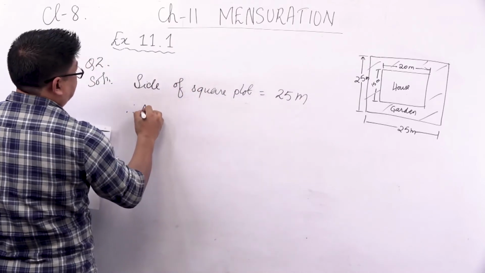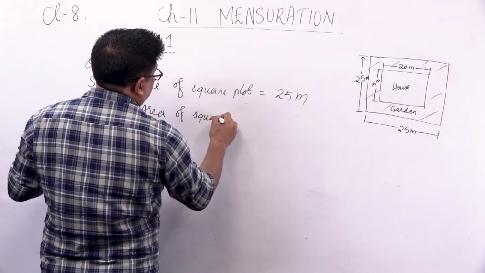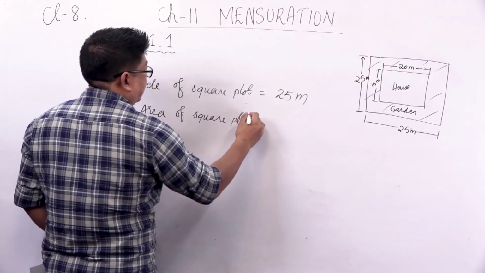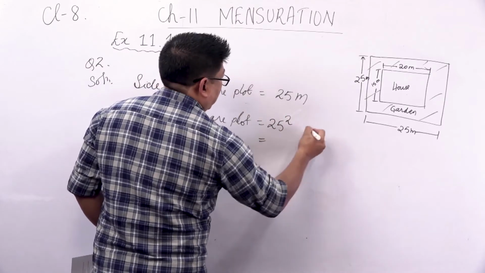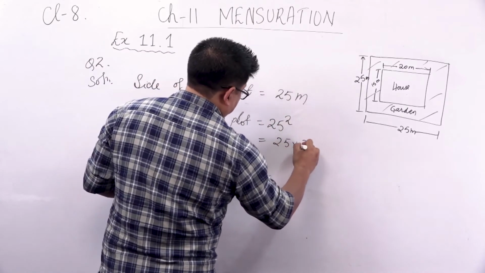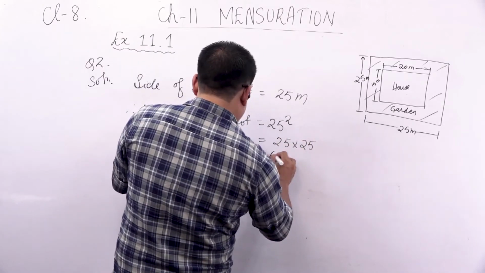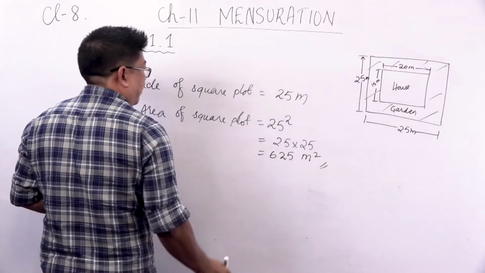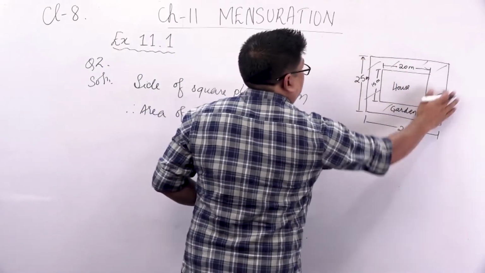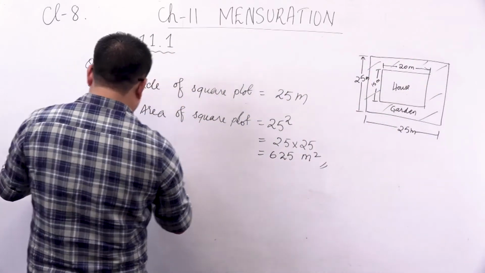So, therefore, first we will find the area. Area of square plot is equal to 25 square. So, 25 into 25. When we multiply this, we will get 625 meter square. Right? So, the area for this whole plot is 625 meter square.